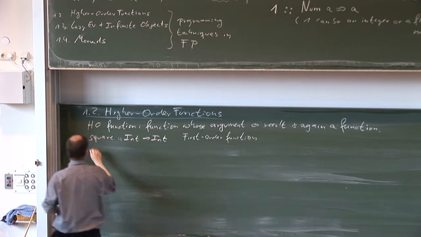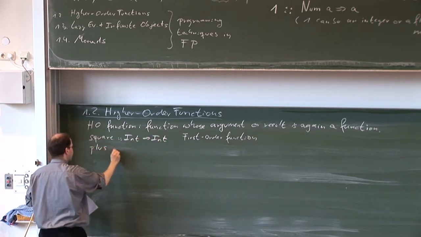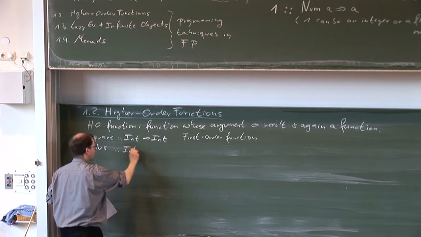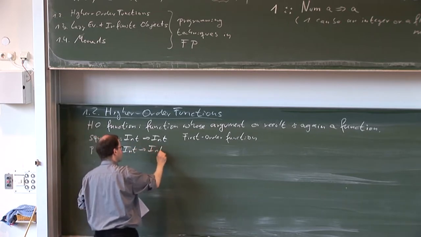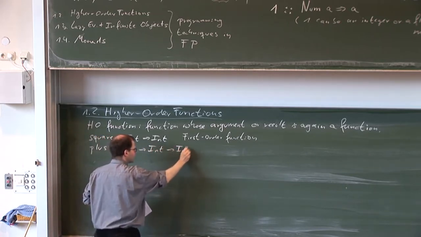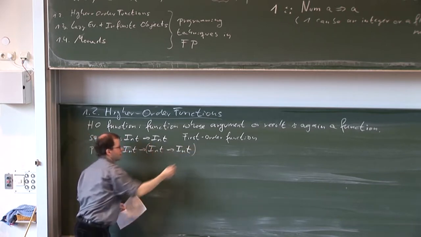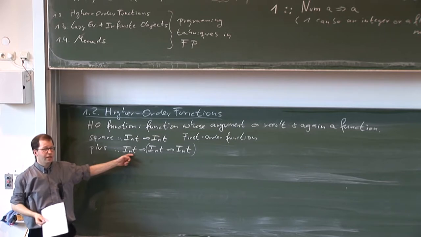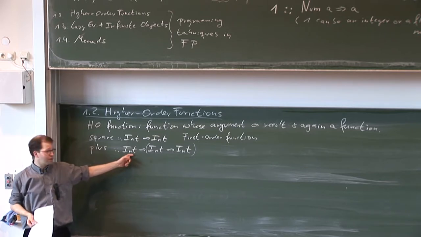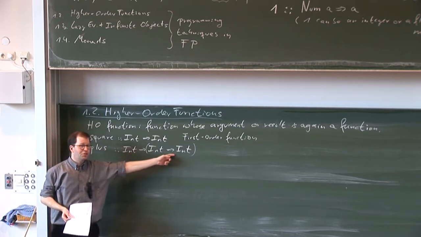But if you have a function like plus, which takes an integer and another integer and gives you an integer, this is nothing else but writing it like that. So it takes an integer as argument, that's not a function, but it returns a function.